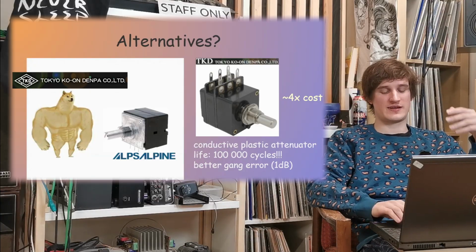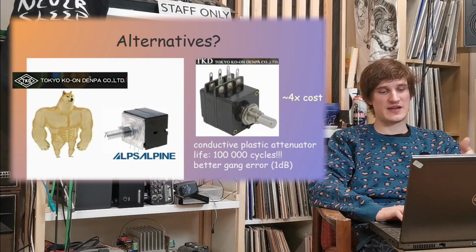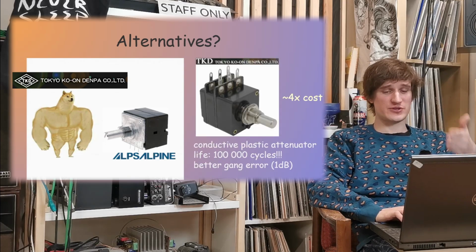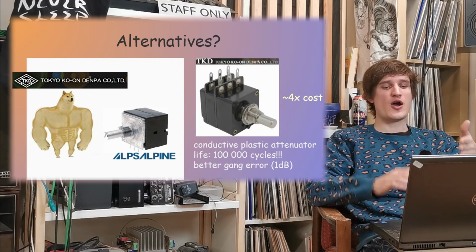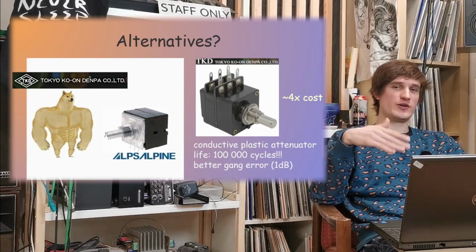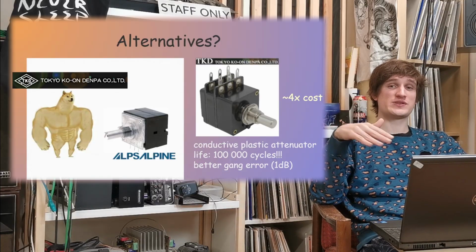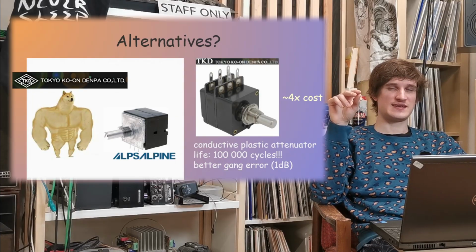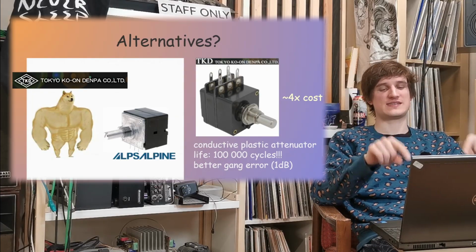And look at the life of this potentiometer. It has a life of 100,000 cycles. When we are looking at Alps data, it was 15,000, and here we have 100,000 cycles.